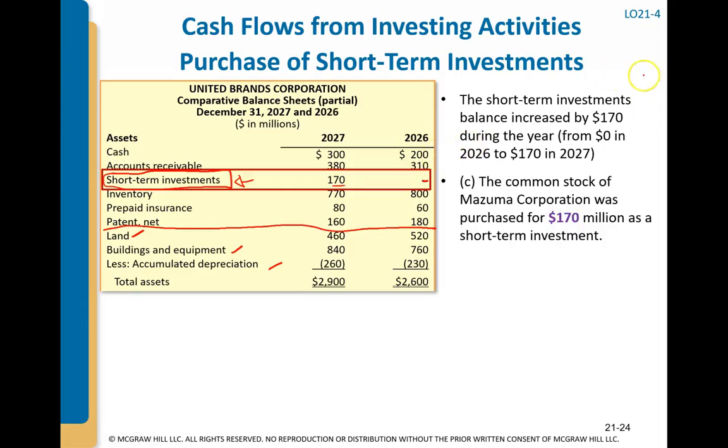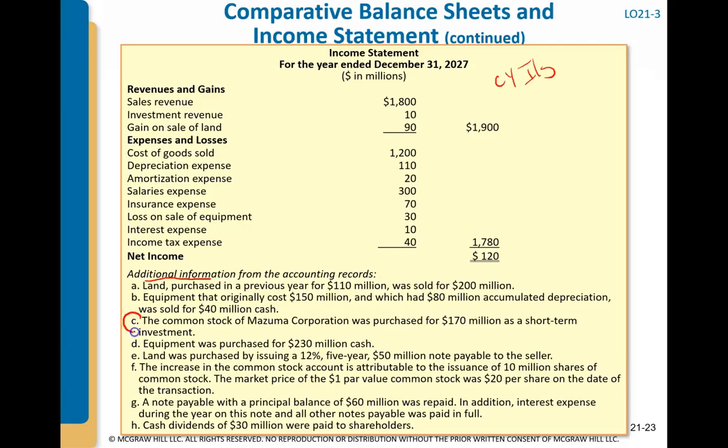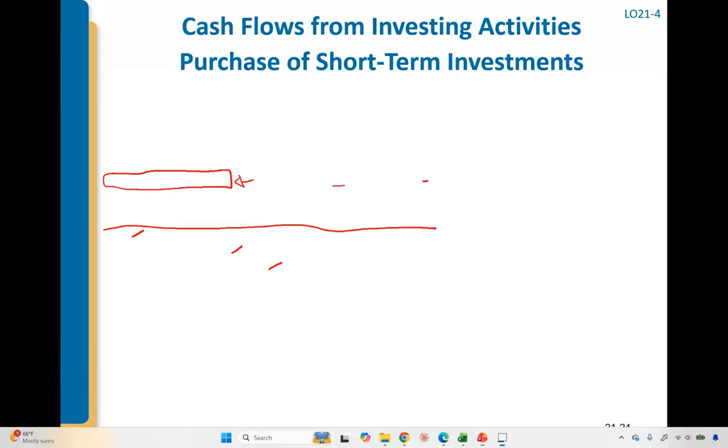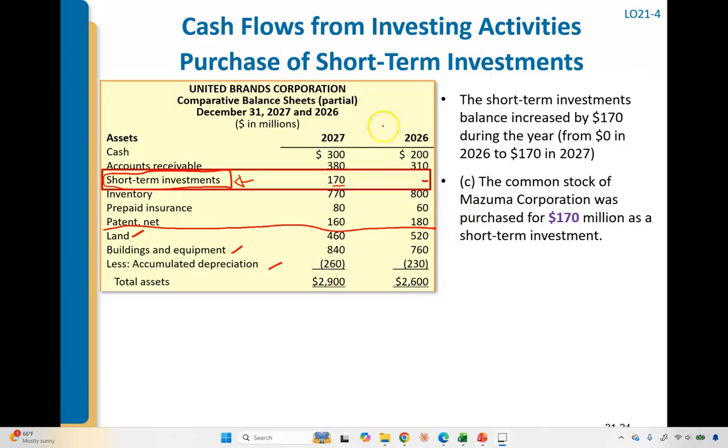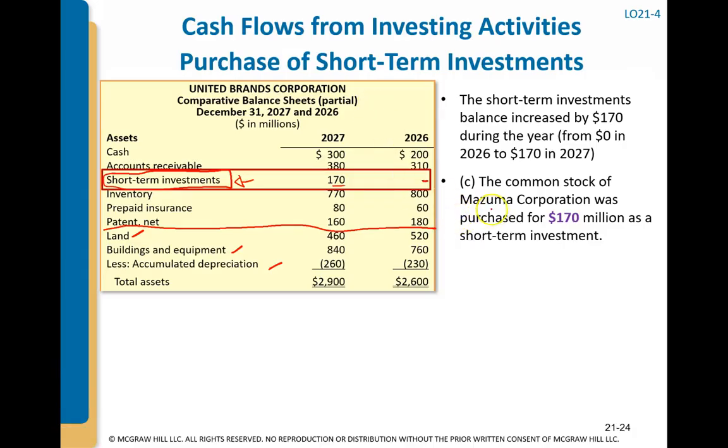And we're told in item C in the additional information that the common stock of Mazuma Corporation was purchased for $170 million as a short-term investment. So this company, United Brands, bought stock in Mazuma Corporation. So they made an investment in another corporation for $170 million.